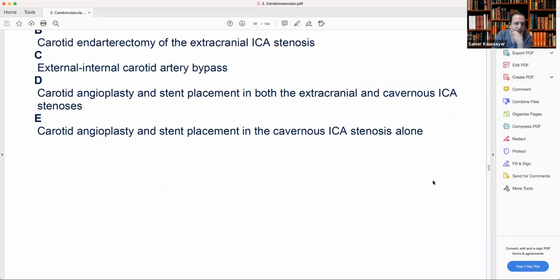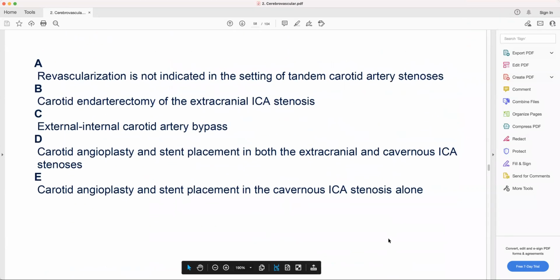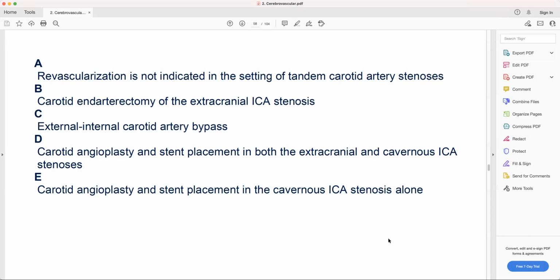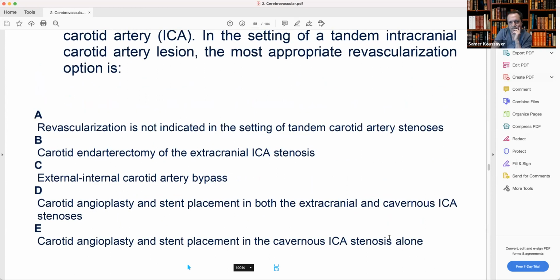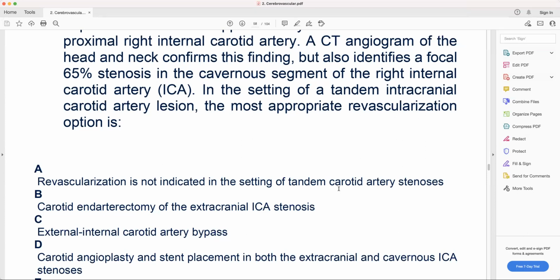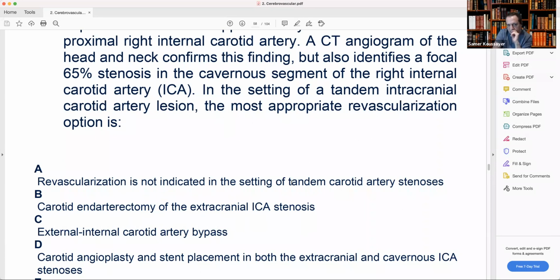See what they said here. Revascularization is not indicated in the setting of tandem carotid artery stenosis. Carotid endarterectomy with extracranial. Is that wrong or correct? The first one, it's not indicated. He said the most appropriate revascularization, of both, and he's talking about both. Not indicated in the setting of tandem. So you're going to leave this patient alone? No. He needs carotid endarterectomy. So this is wrong.